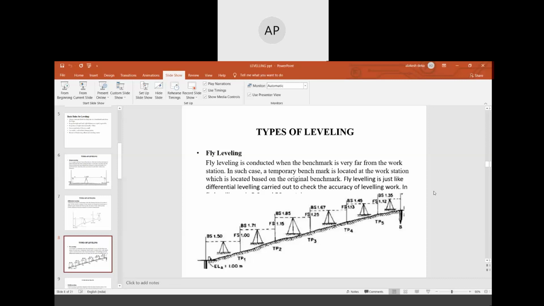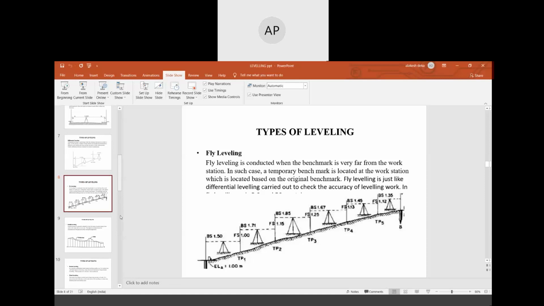In this type of leveling, only backsight and foresight readings are taken, and that is called your fly leveling. In such a case, we have to find a temporary benchmark, and after that, to check the accuracy of the leveling work, we have to do fly leveling.